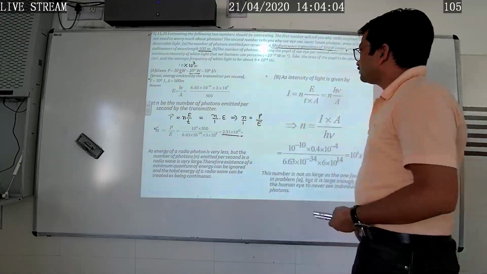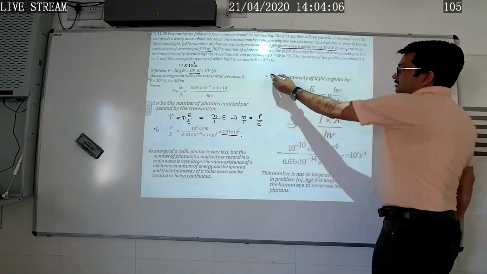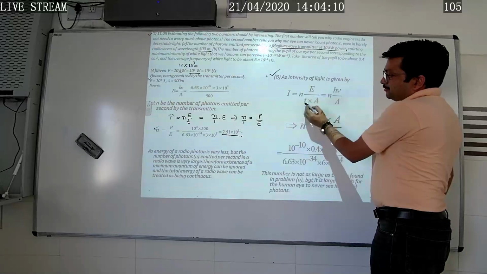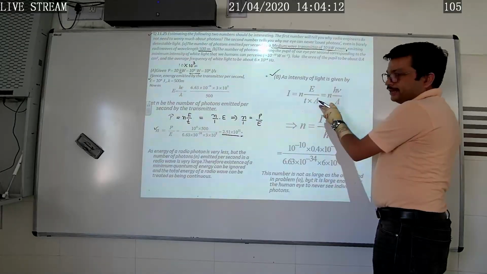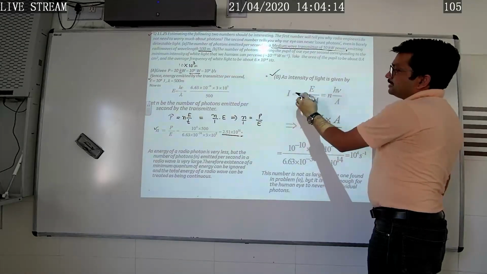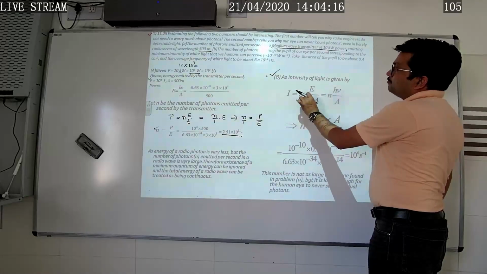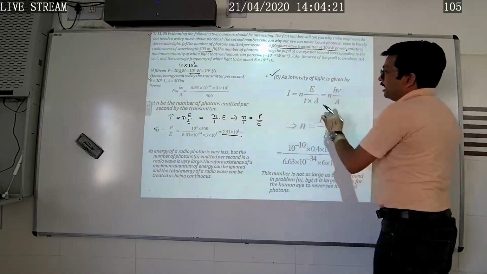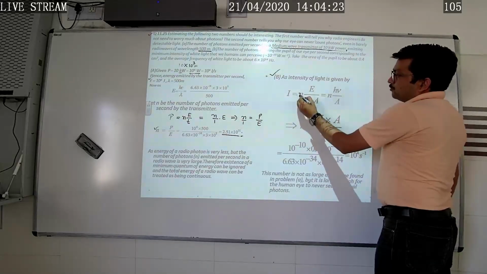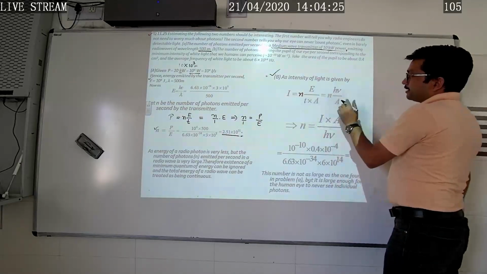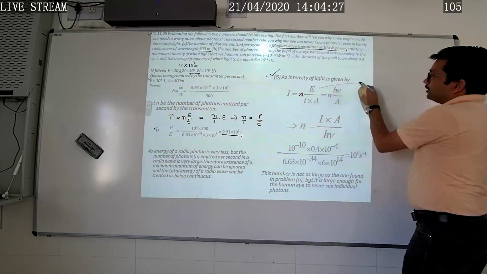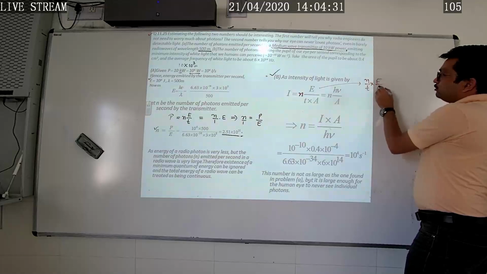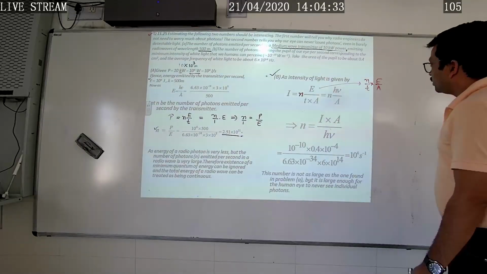As we know, students, intensity is energy incident per unit time per unit area, and if this intensity consists of n number of photons, then we can modify this result and write n by t into E by A. What about E?